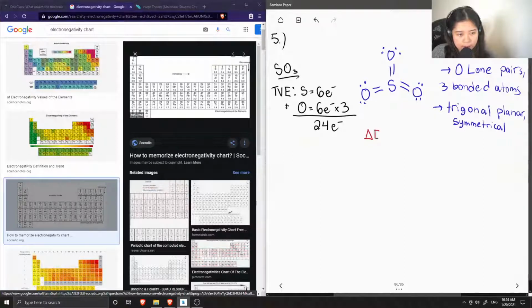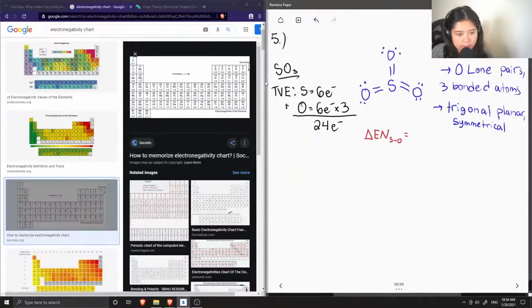In this case, we want the electronegativity difference between a sulfur atom and an oxygen atom. The electronegativity of oxygen is 3.5, and the electronegativity of sulfur is 2.5. This gives us an electronegativity difference of 1.